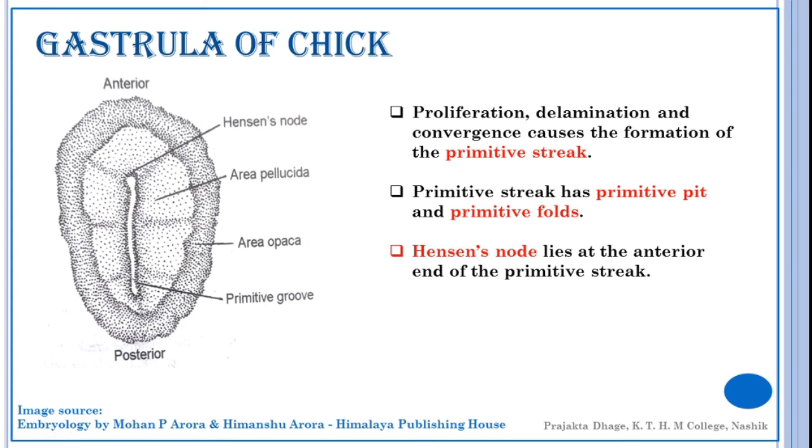From the primitive streak, the mesoderm grows out laterally and anteriorly by the process of divergence. This is how the gastrula of the chick embryo looks at 18 hours of development, where you can see the formation of the primitive streak. Basically, the cells are moving from backward towards the anterior side.